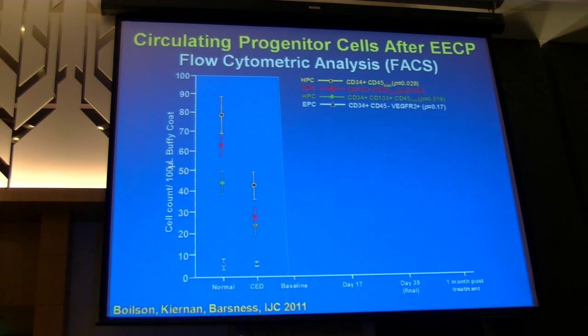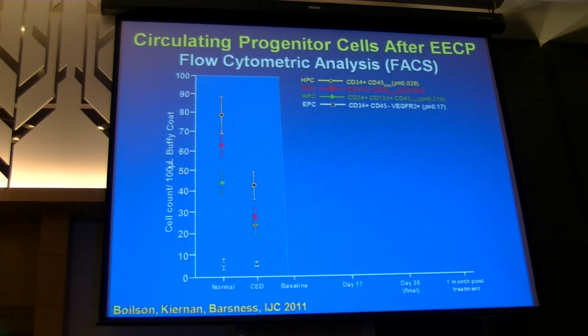It had previously been shown by our group that in patients who were normal compared to patients with established coronary endothelial dysfunction, what's normally termed EPC cells or endothelial precursor cells did not change much between coronary endothelial dysfunction and normal patients.